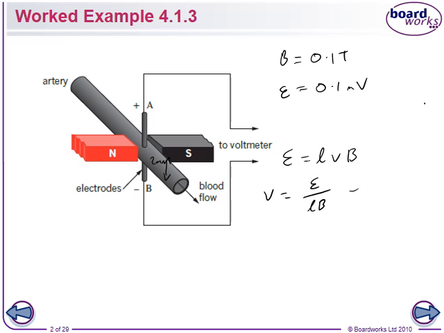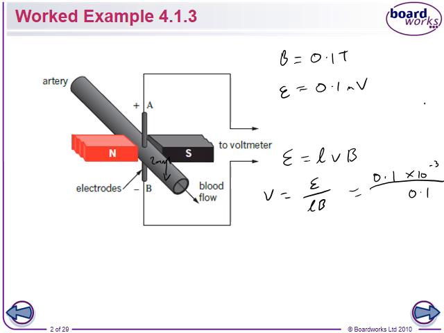So what's epsilon? 0.1. This is millivolts. You need to divide it by 1,000. So 0.1 times 10 to the negative 3. Okay. B is easy. B is 0.1.